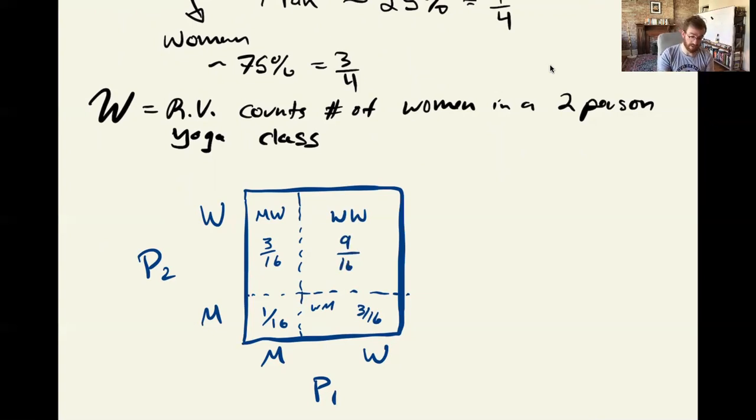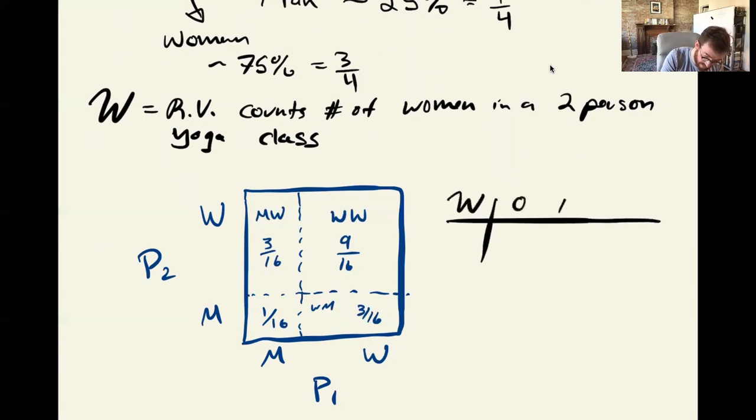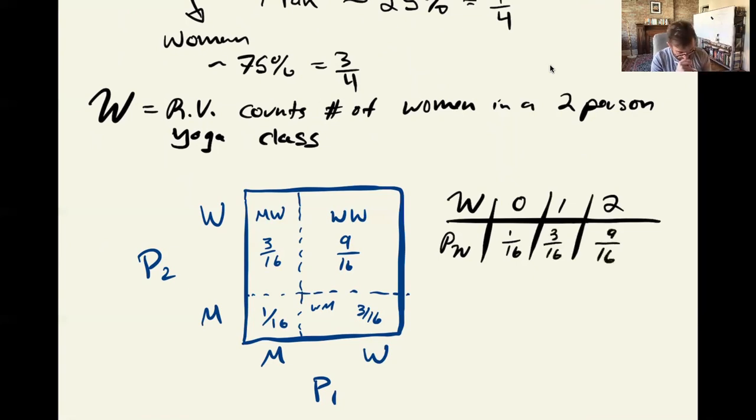So this illustrates a situation where if I were to write down a table of possible values, W, and the probabilities, so the probability of W equaling that, I would get a 16th, 3/16, and 9/16. Oh, sorry, that doesn't add up to 1.